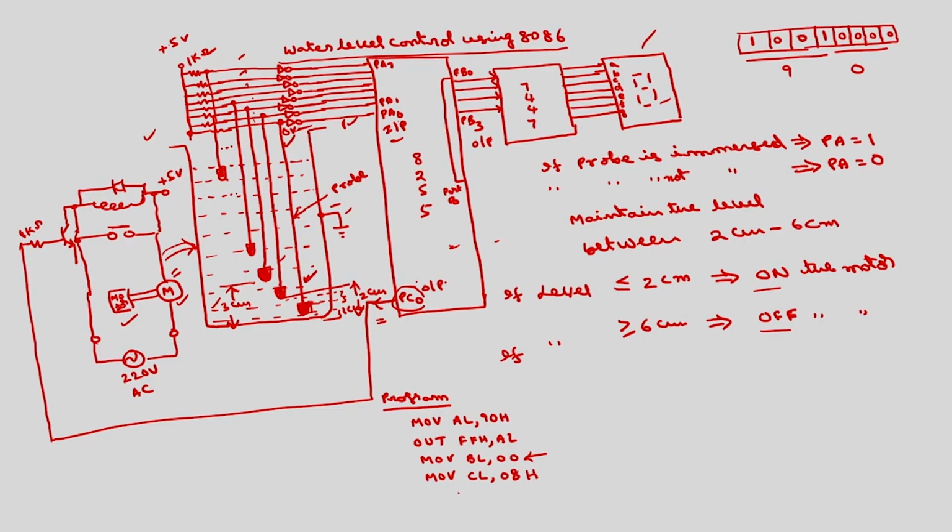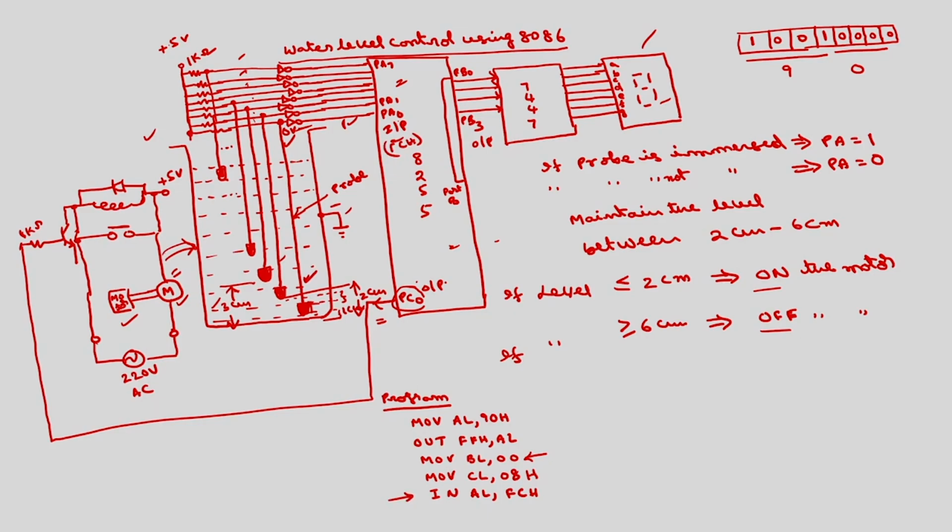Okay. So I have to check now the contents of the AL because this is connected to port A. So IN AL, FCH, FCH is the address of port A. So with this the status of all the probes will be available in AL.